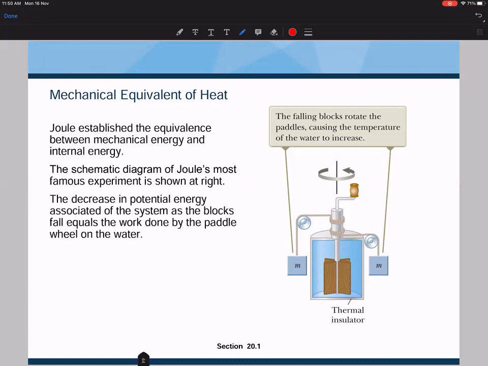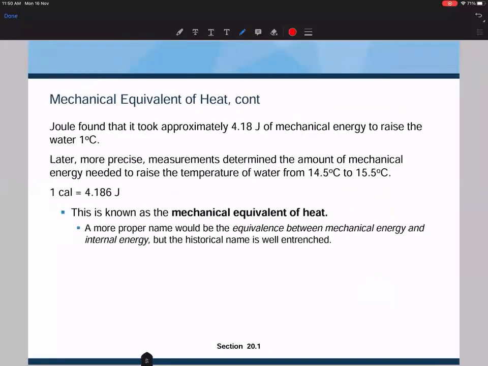So in this experiment, he has demonstrated the equivalence between the work done and the heat energy. So that is the historical development. And this would be the definition, the mechanical equivalence of heat.